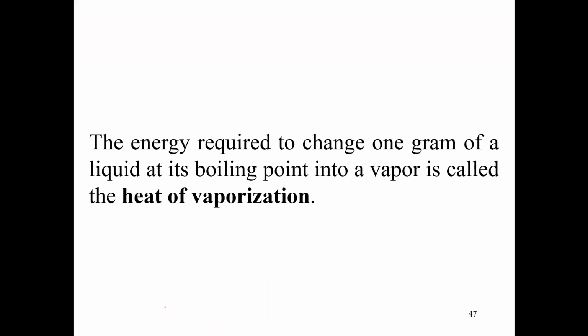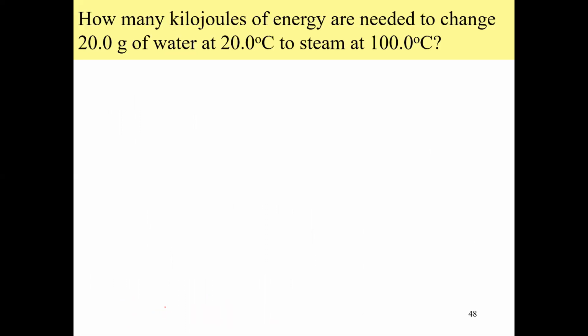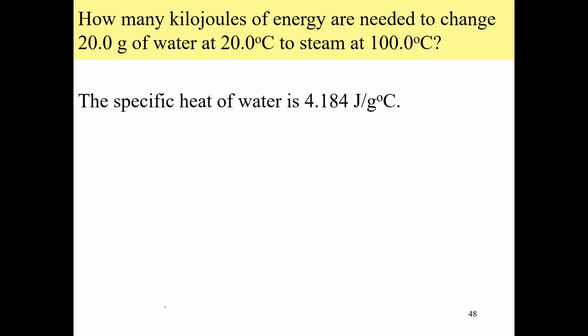The energy required to change 1 gram of a liquid at its boiling point into a vapor is called the heat of vaporization. How many kilojoules of energy are needed to change 20 grams of water at 20 degrees Celsius to steam? Again, if you go back to the previous chart, it looks like this, where this is the freezing point, then the water goes up like that, and then it goes like this.